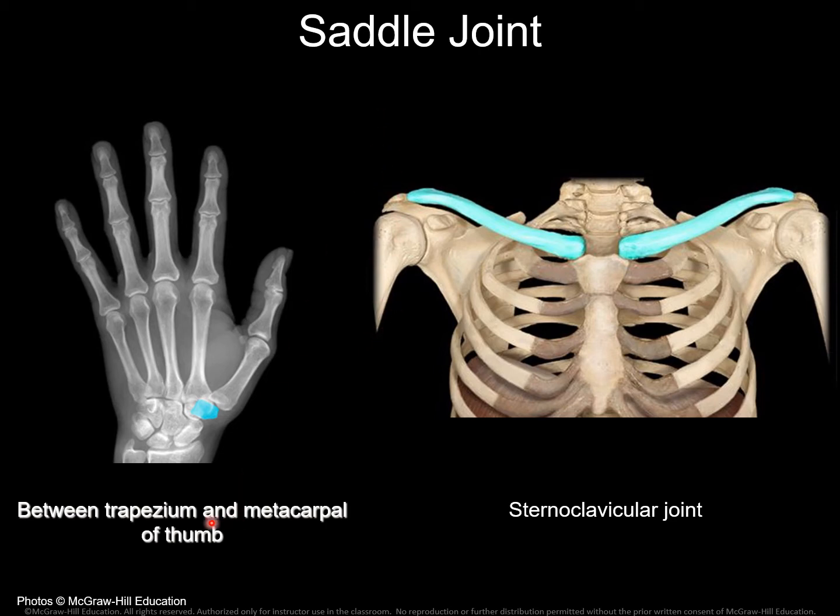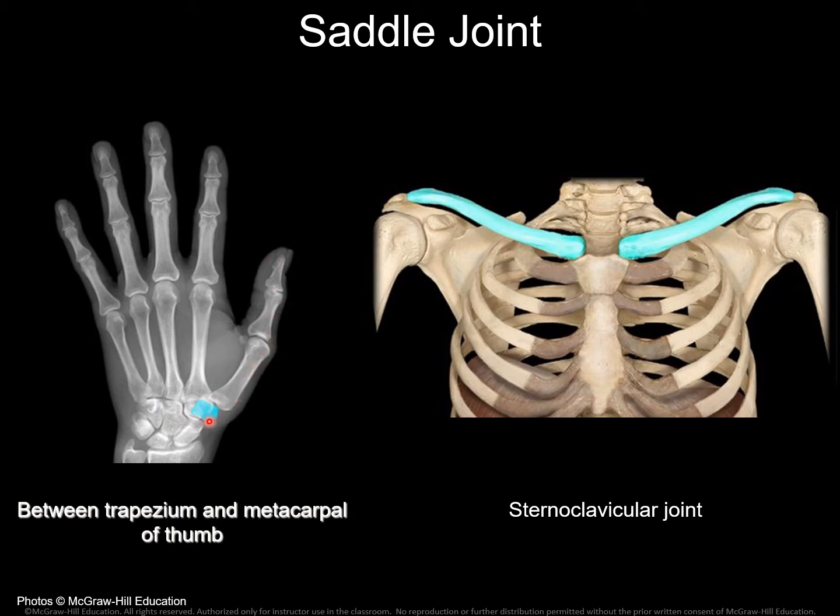Here's a picture of a saddle joint. Remember the trapezium. I think I said trapezius before, sorry. Trapezius is a muscle. Trapezium is this carpal bone. So there exists this saddle joint between the trapezium, which is one of your carpal bones, and the metacarpal of the thumb.